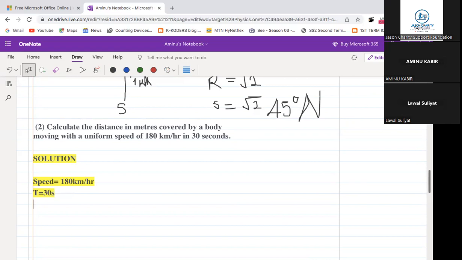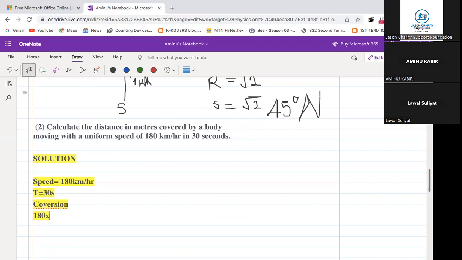So the next thing we want to do is convert speed to its fundamental unit, because kilometer per hour is a derived unit. So to do that, we're going to have a conversion. This will be equal to 180, where the kilo is standing for 1,000.